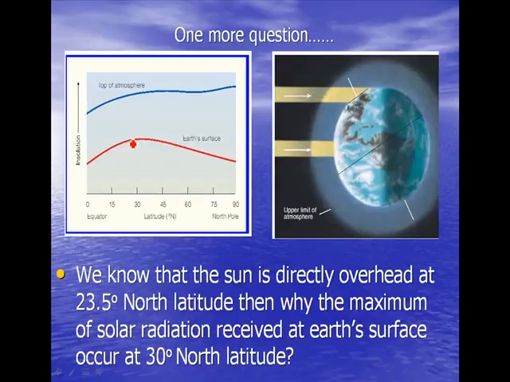One more question. We know that the sun is overhead at 23.5 degrees north latitude. Then why does the maximum solar radiation received at Earth's surface occur at 30 degrees north latitude? Well, we just answered that. That has to do with the desert regions, absence of moisture, lack of cloud cover, little vegetation in that particular area.